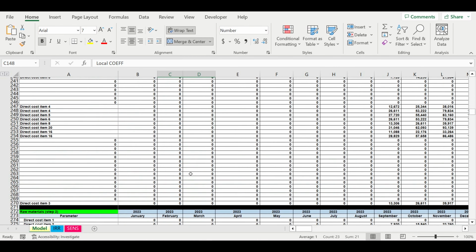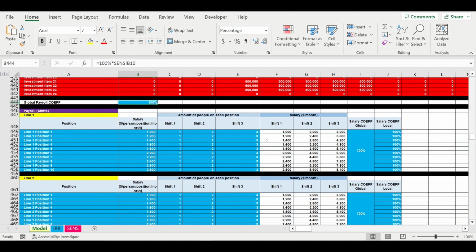Then we are moving to the payroll. So we have a global payroll coefficient and a local payroll coefficient for line 1 and line 2.